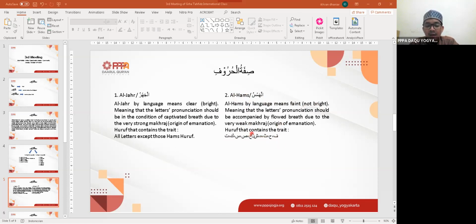The other letters, except these 9 letters, are included in al-jahr.